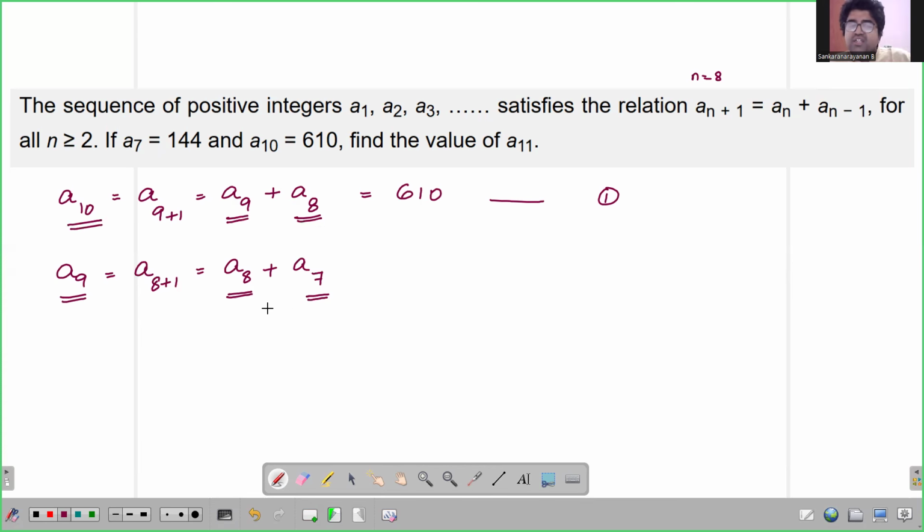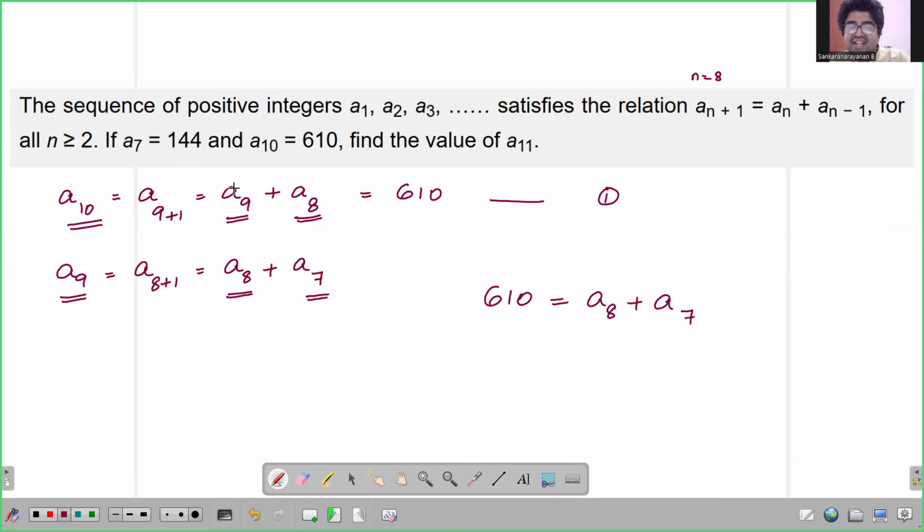So can I not try to connect all these things? I can very clearly see that our 610, that is A10, is A9 plus A8. But A9 is A8 plus A7.